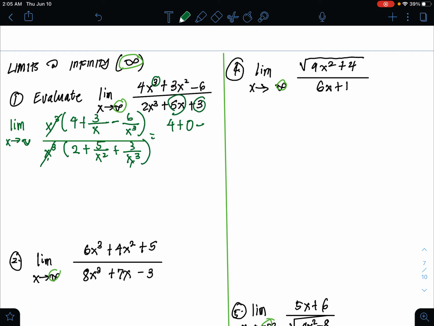Likewise, 6 divided by infinity is 0, infinity cubed is 0. Then in the denominator there is 2, and the other terms are 0 as well. So therefore 4 over 2.